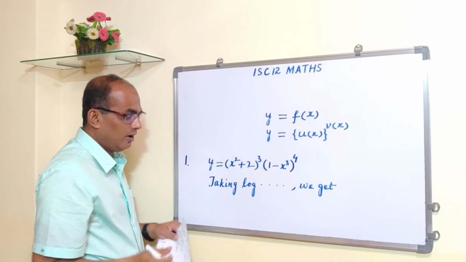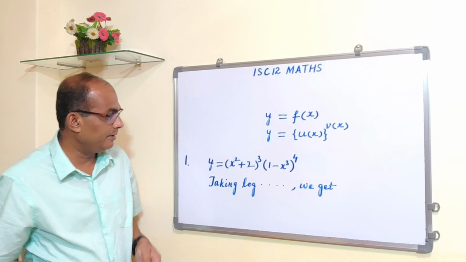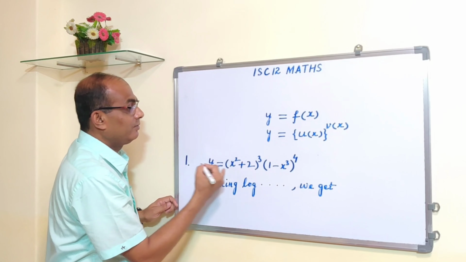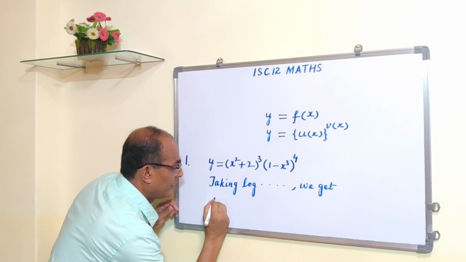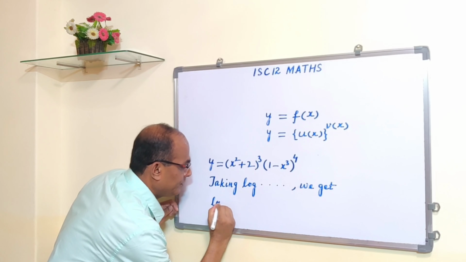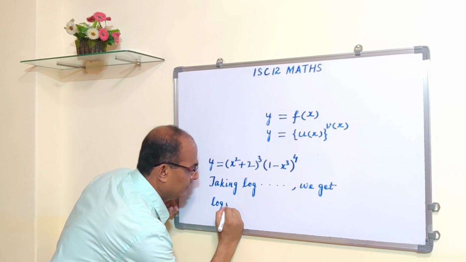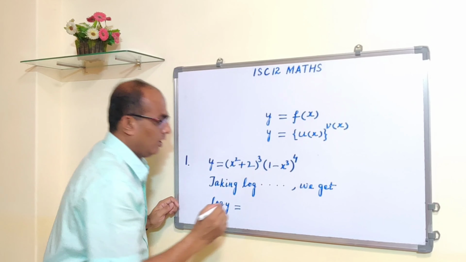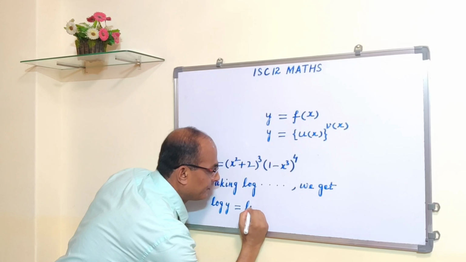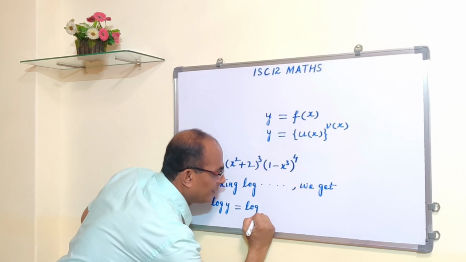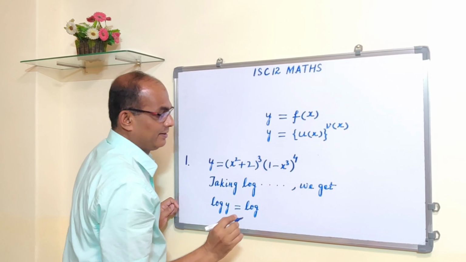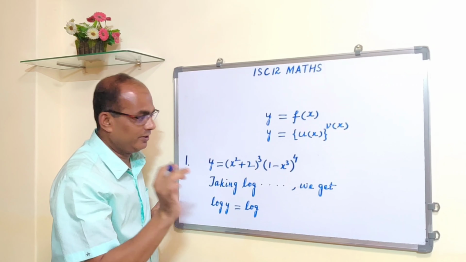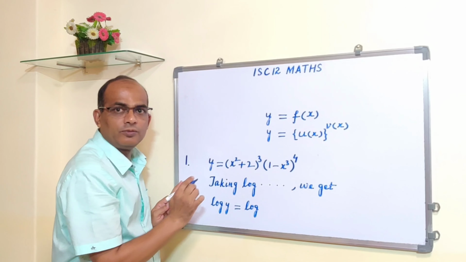So if you take log, then see, log y is equal to log, and this as it is I am writing. I am not applying any formula, and only I am writing the operator log on both sides.